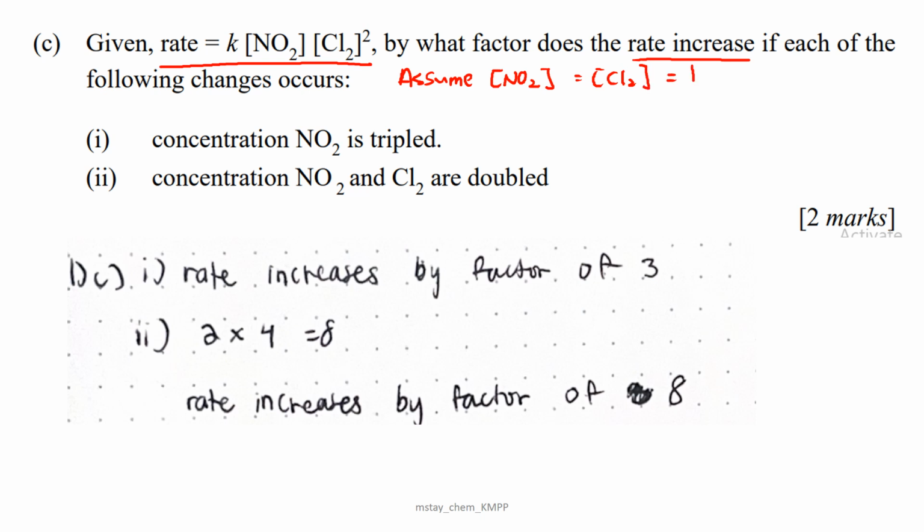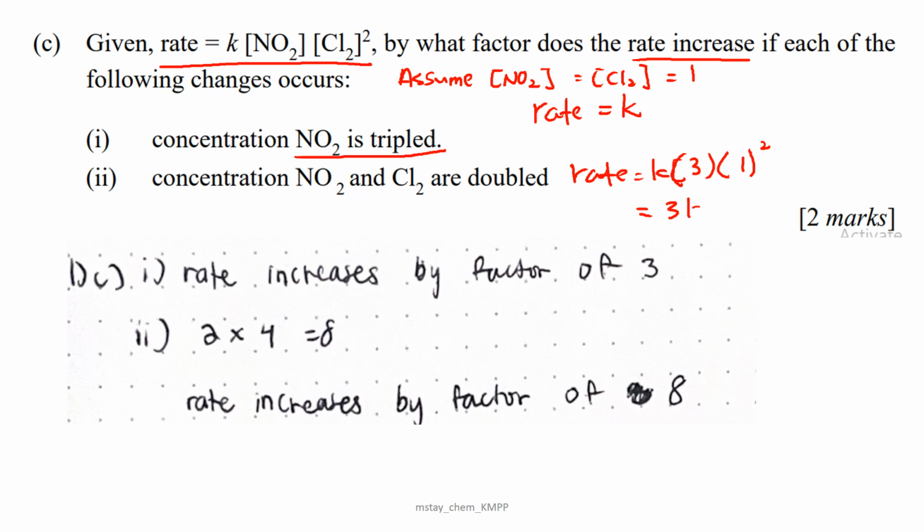So when this is the case, the rate of reaction always will equal to K. Okay, so for question C1, the concentration of NO2 is triple. So that means we will put the rate equal to K, concentration NO2 from 1 become 3. Cl2 have no changes, so maintain as 1 to the power of 2. So 1 to the power of 2, 1 times 3, 3.